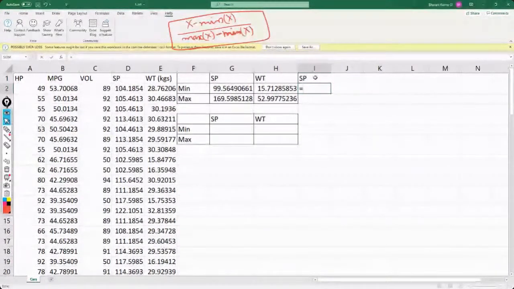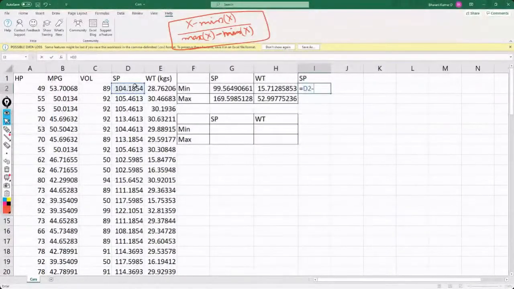It is x minus minimum value divided by maximum value minus minimum value. Let me put brackets throughout. Yep, that's the number.